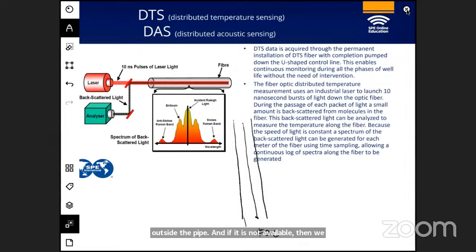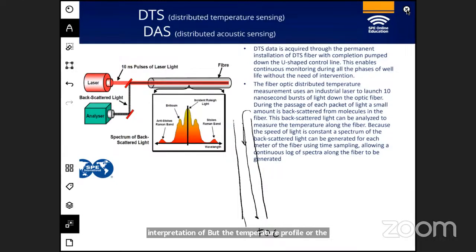Then signals, which are like electric current, are sent down the fiber optic cable, and the backscatter which happens is collected by the surface interrogator, the surface unit, which gives us the interpretation of the temperature profile or the noise profile.